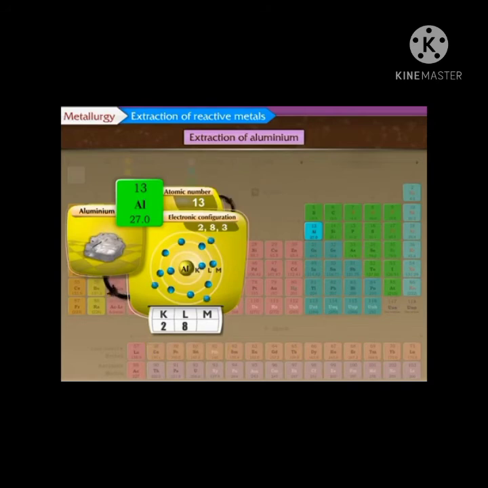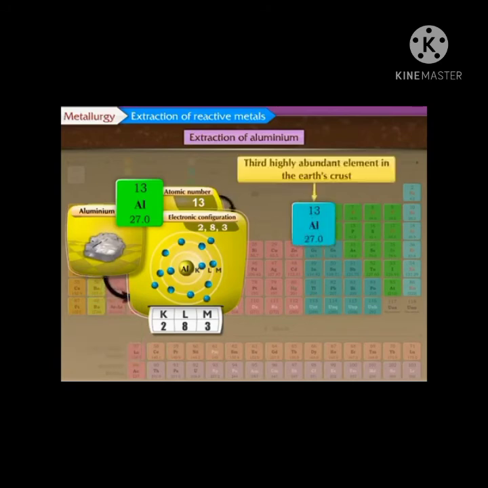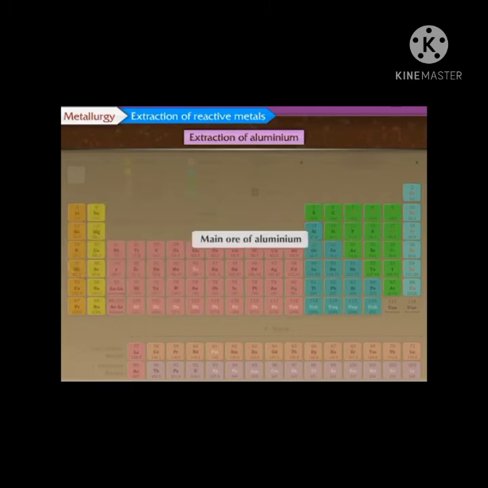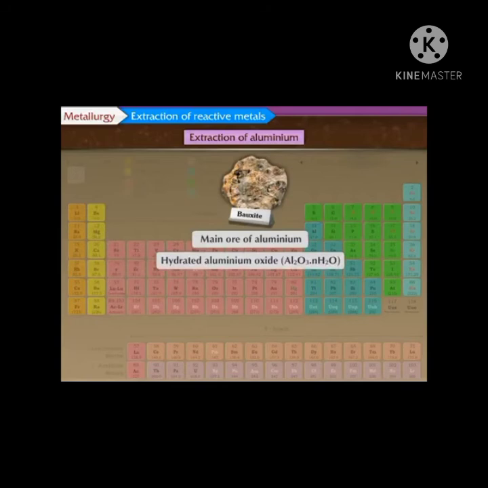Aluminium is a reactive metal. It occurs as an oxide in nature. Aluminium is the third most abundant element in the earth's crust after oxygen and silicon. The most important and common ore of aluminium is bauxite, which is hydrated aluminium oxide, that is Al2O3.nH2O.